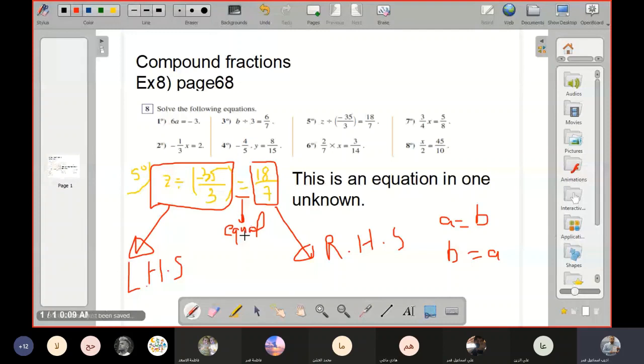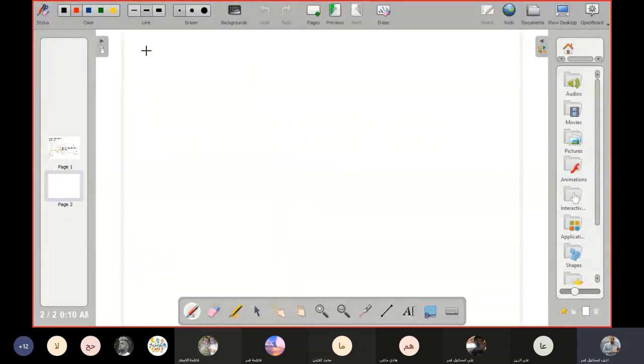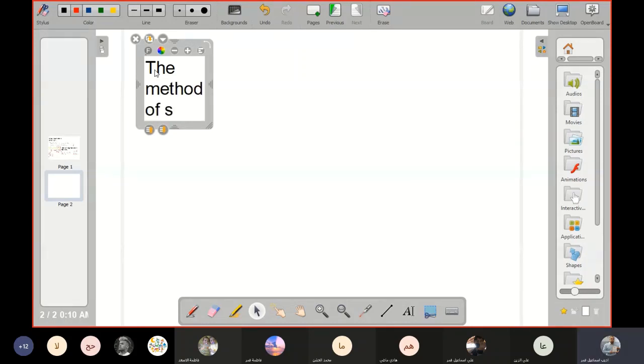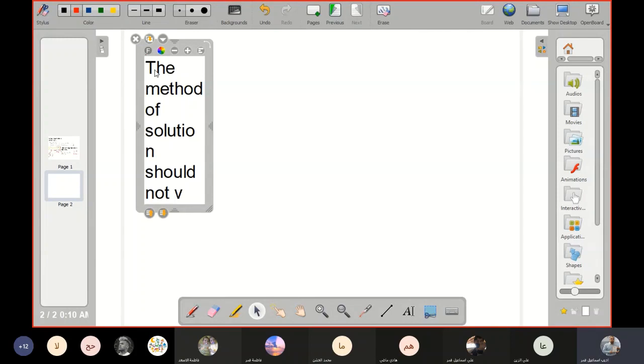To solve this equation, there are some conditions that should be satisfied. First of all, the method of solution should not change the value of this equation.